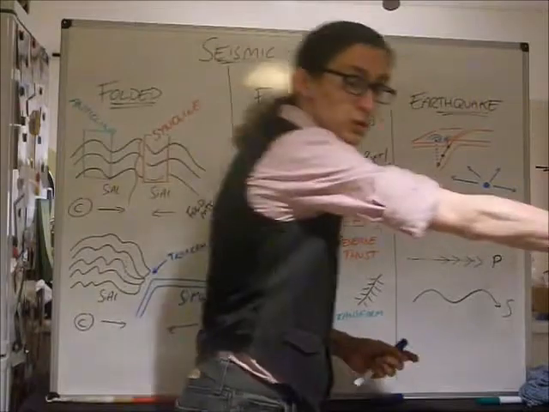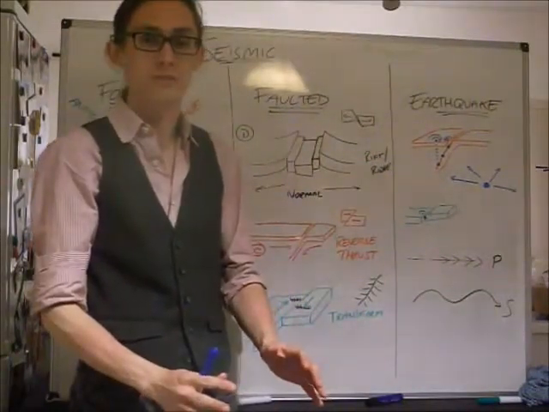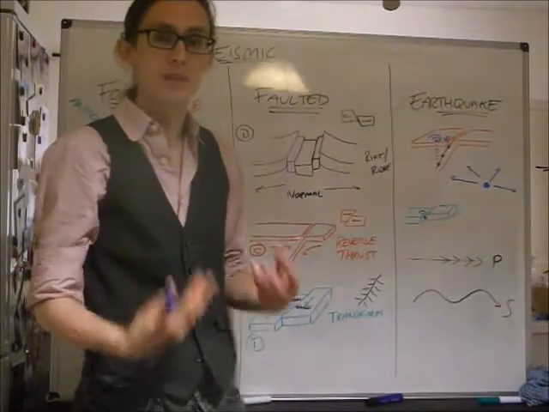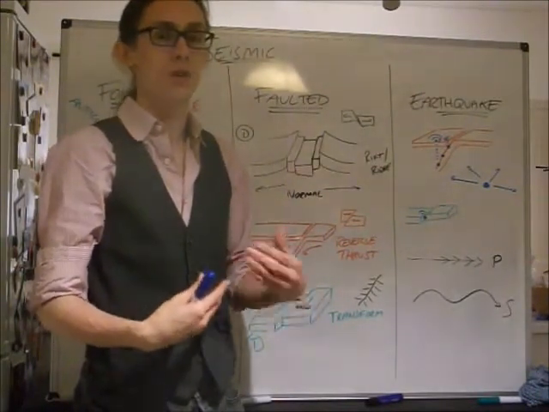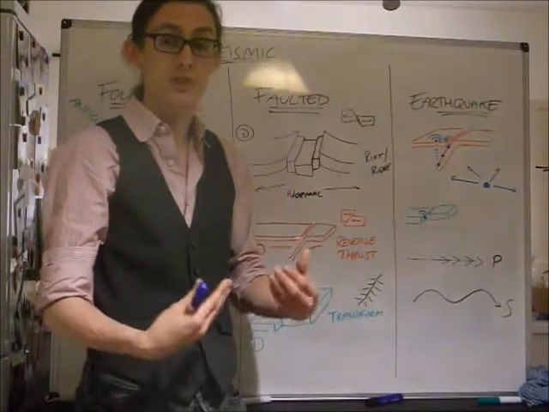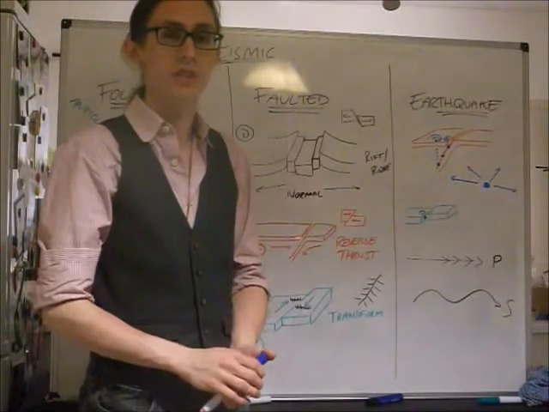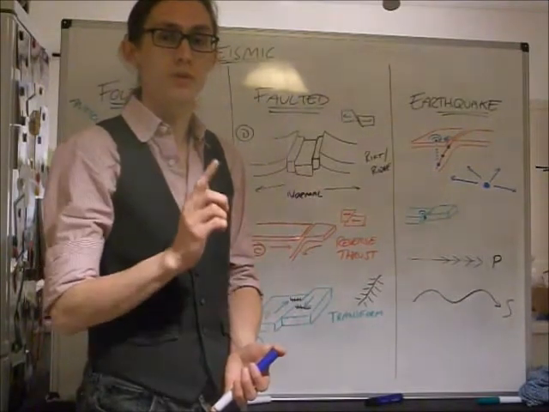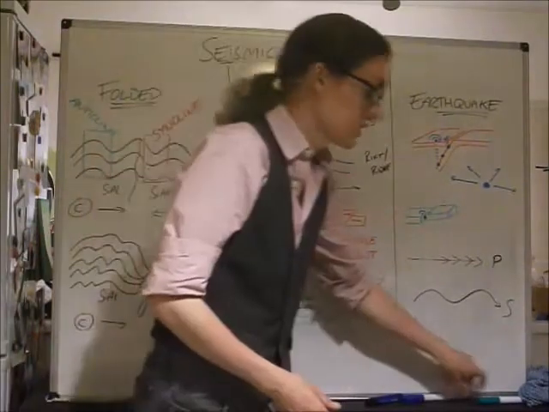It goes through the ground. It doesn't create much shaking, but it moves very, very fast. You can pick it up quite a long time ahead of the next stage, which is the S wave. And that's good because that pulse isn't going to do much damage, but it'll warn you that there is shaking that's about to happen. Because next up comes the S wave.